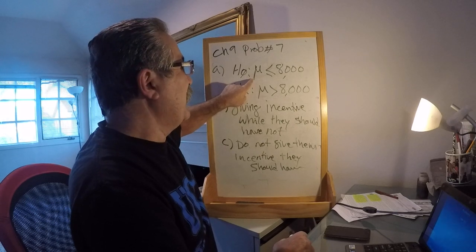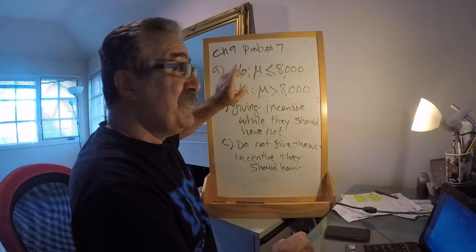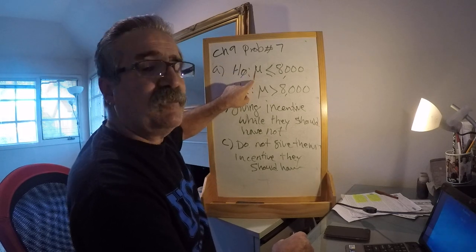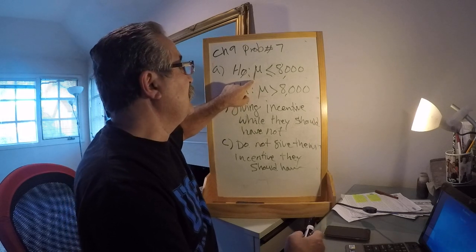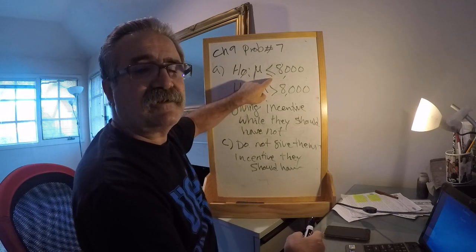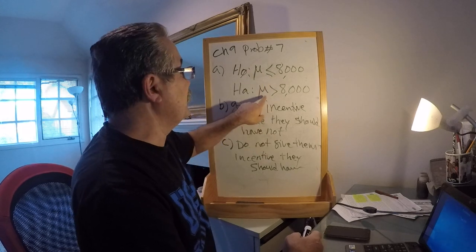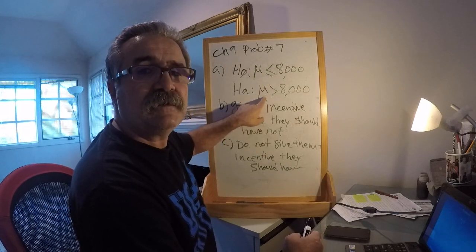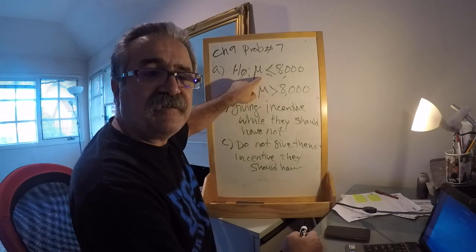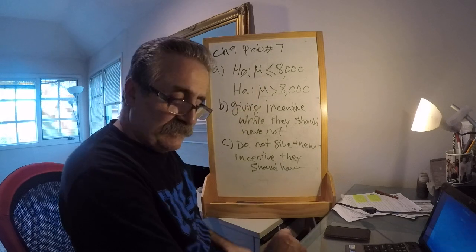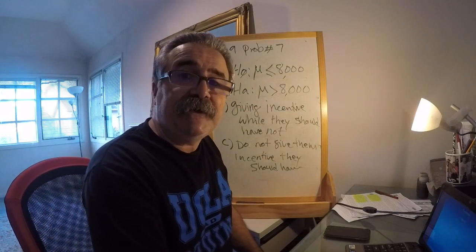If they accept this by mistake, they believe that the sales is not greater than 8,000. Therefore, they don't give them the incentive, but they should have, because this is true. Because this is false, but Steve accepted it. So this is a good example for type 1 and type 2 error.